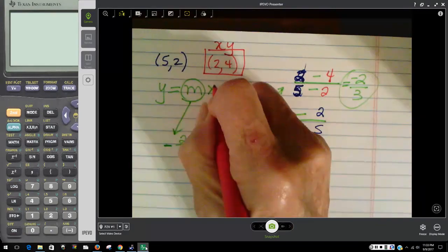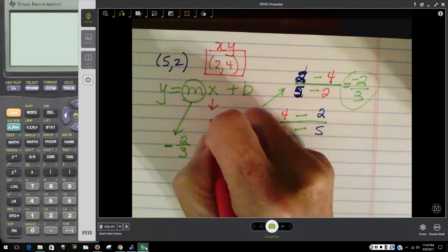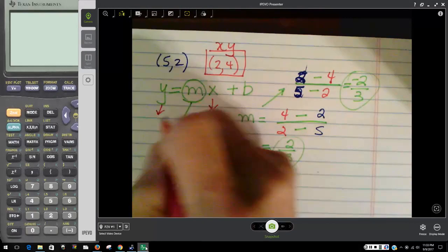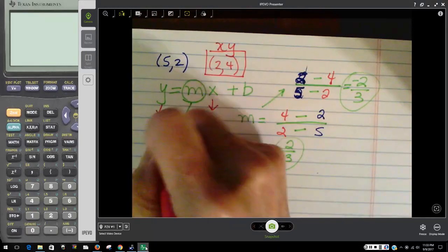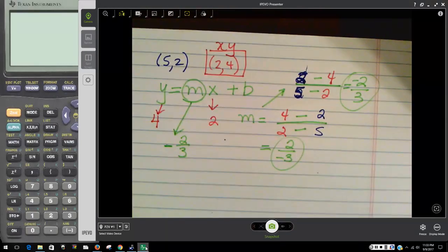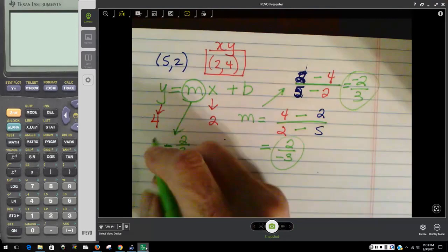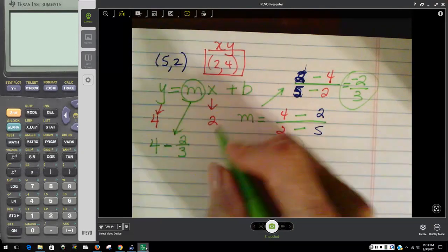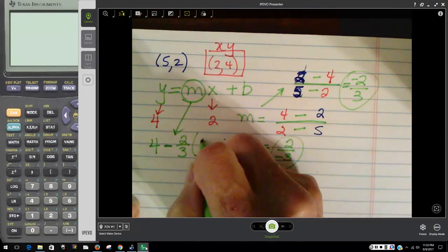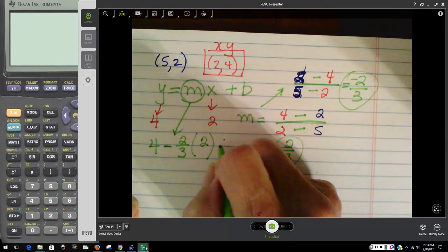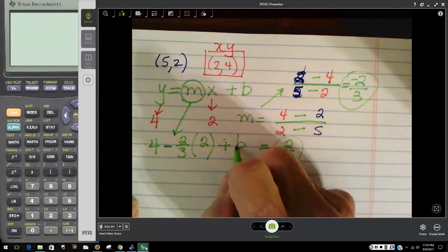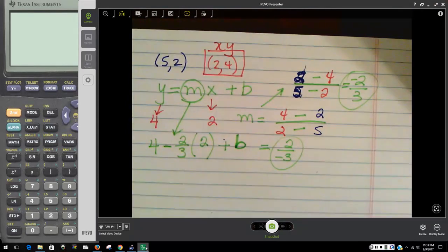X is going to be 2, and y is going to be 4. So I have 4 equals negative 2/3 times 2 plus b. And the only unknown in that is b.